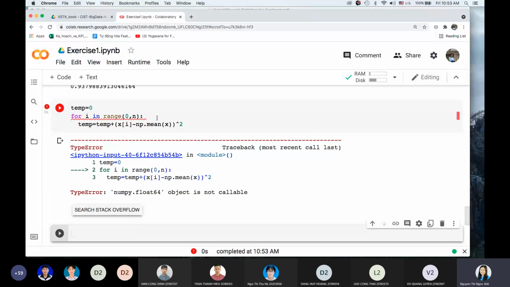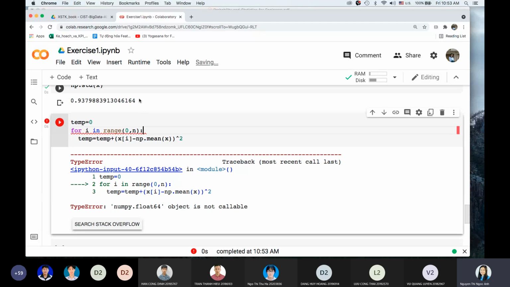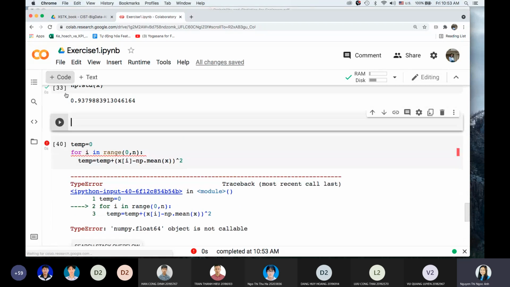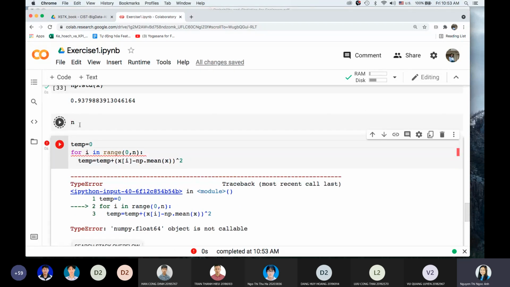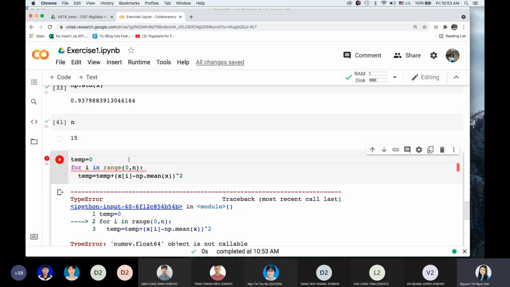In range. Let me check. No, it's not true.